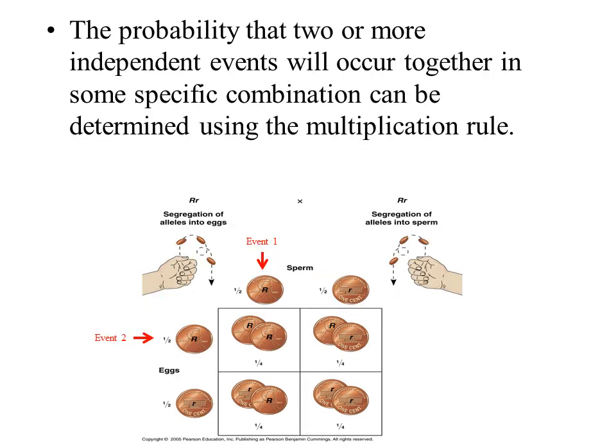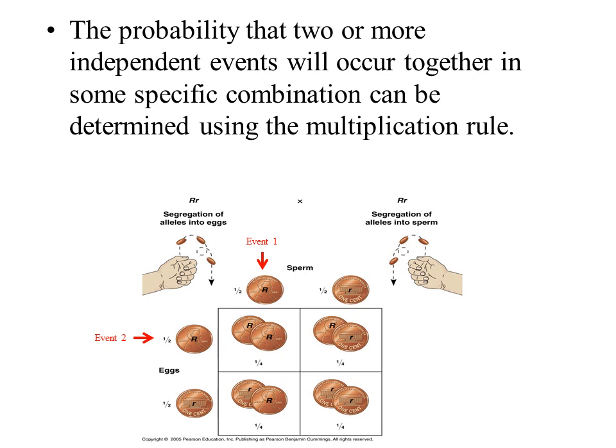So let's look at how to use this multiplication rule. The probability that two or more independent events will occur together in some specific combination can be determined using this rule. So we're looking at that first square. We have a big square in the bottom. Let's look at the first square where those two red arrows are pointing to. So we're looking at that individual.